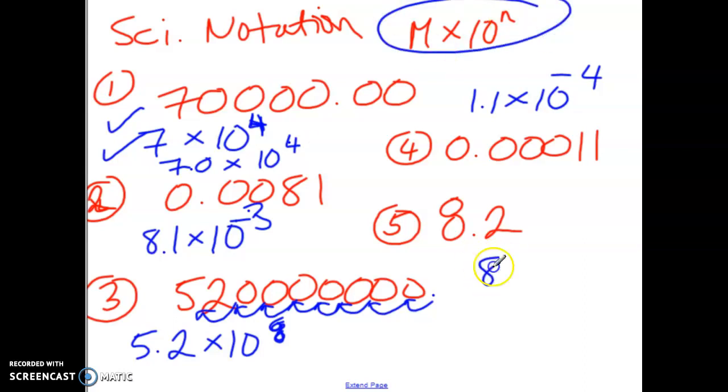So what that would look like here is 8.2 times 10 to the 0, because we did not have to move the decimal point. So you're still putting it into scientific notation format, but because we're not moving the decimal point, we just put a 0. Okay, so the next part of this video is we're going to look at how to now use these scientific notation numbers in our calculations. So you might want to have a calculator handy.